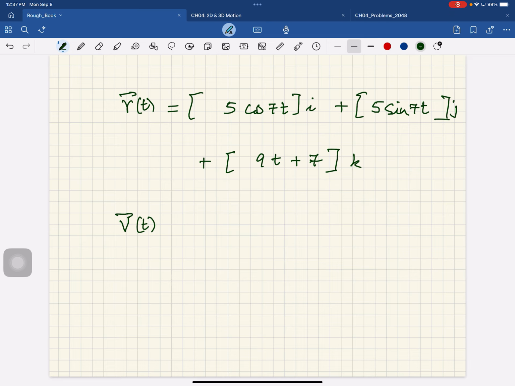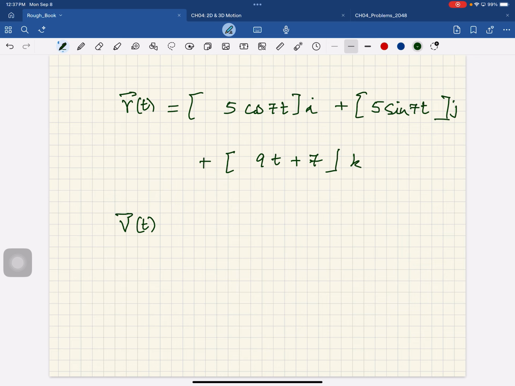The first one is cosine, right? Yes, that's cosine: 5 cosine 7t i plus, and so on.